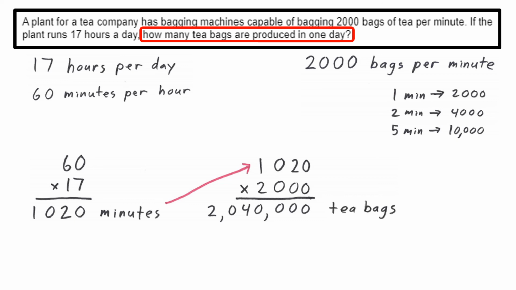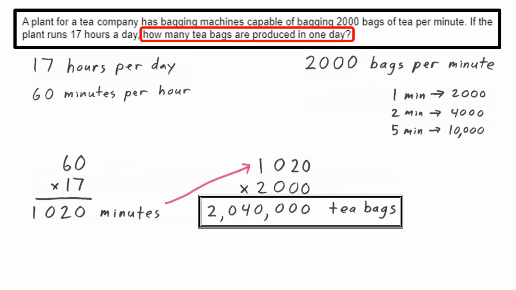The units are tea bags, and that's our final answer. In summary, if the company can produce 2,000 bags per minute and they operate for 17 hours per day, they'll be able to make 2,040,000 tea bags in a day.